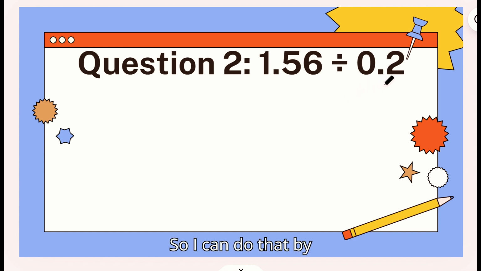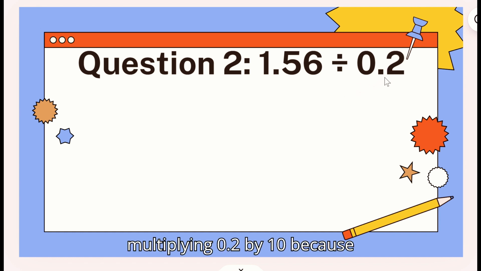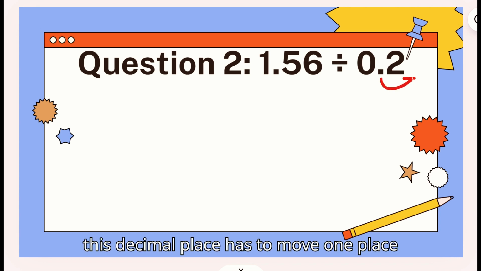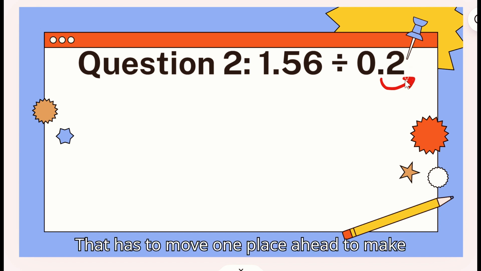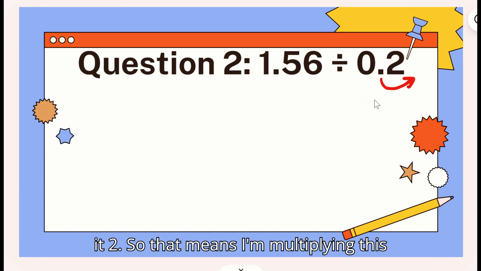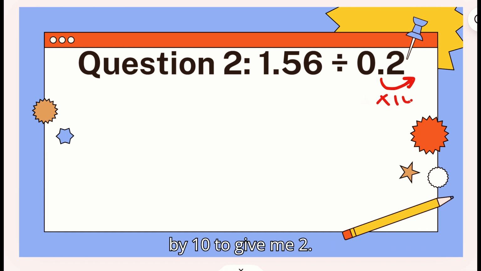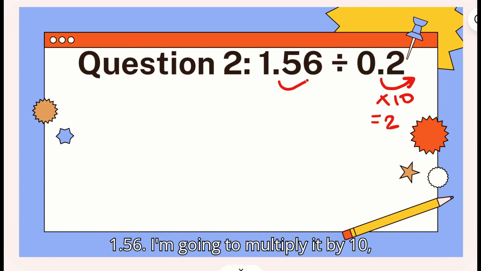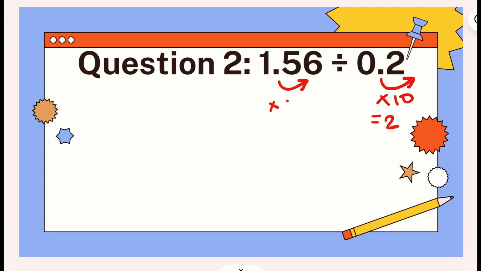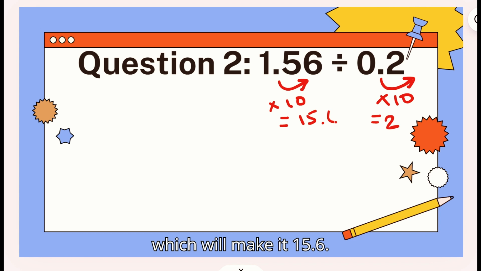I can do that by multiplying 0.2 by 10 because the decimal point has to move one place ahead to make it 2. So that means I'm multiplying this by 10 to give me 2. That means I have to do the same with 1.56. I'm going to multiply it by 10, which will make it 15.6.